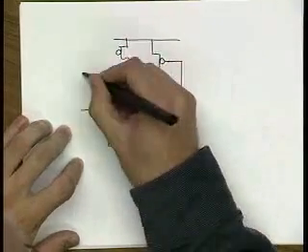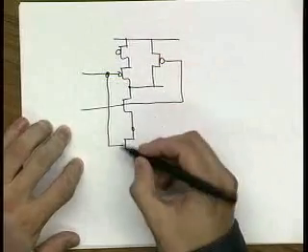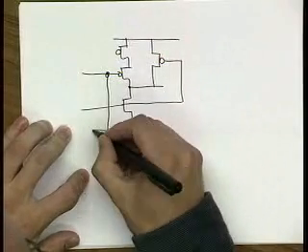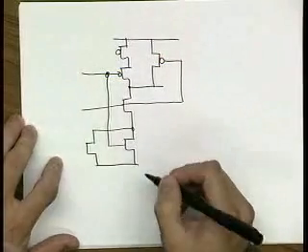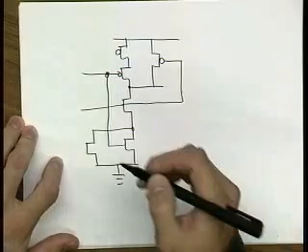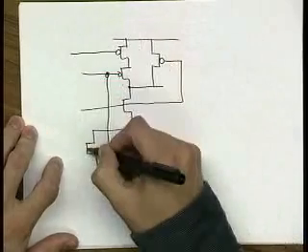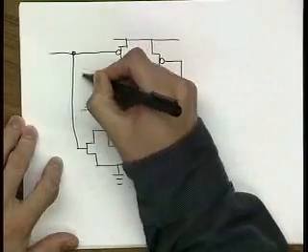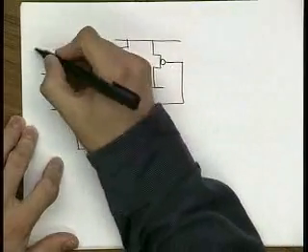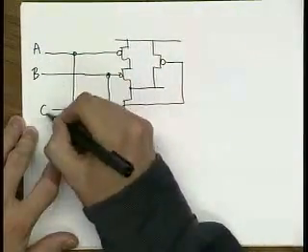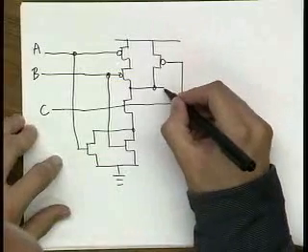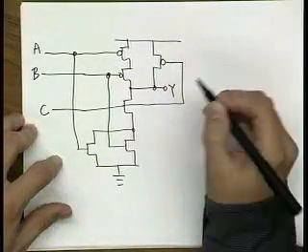One is connected over here, and then another one goes there. So we have A, B, C, and this is our output, Y.